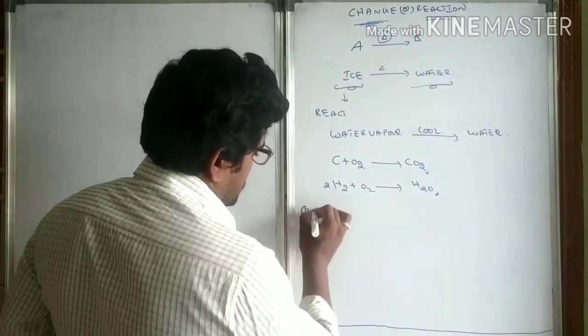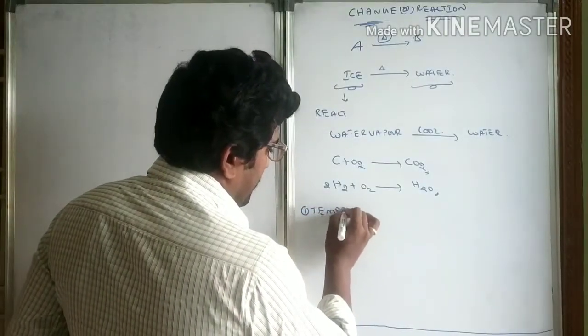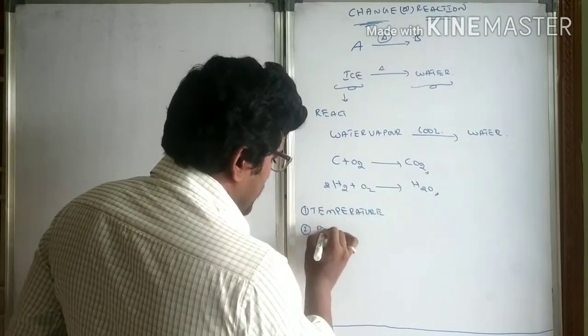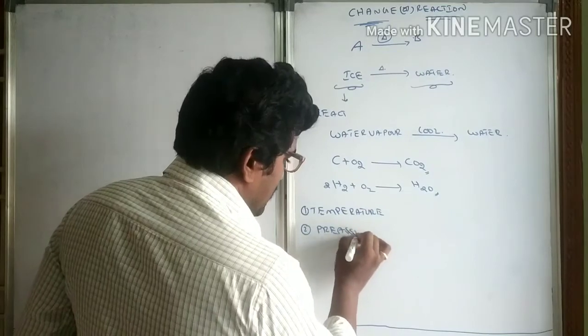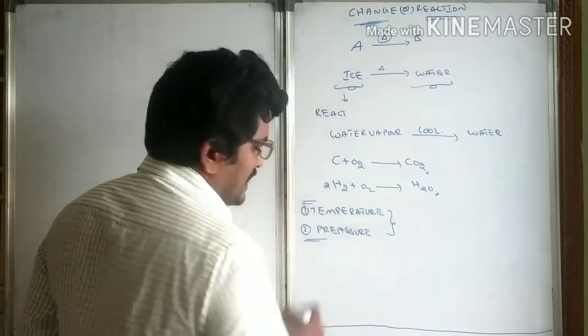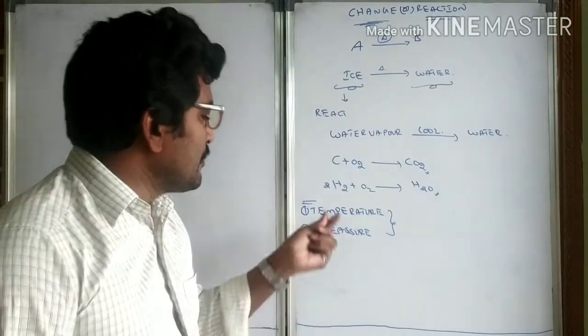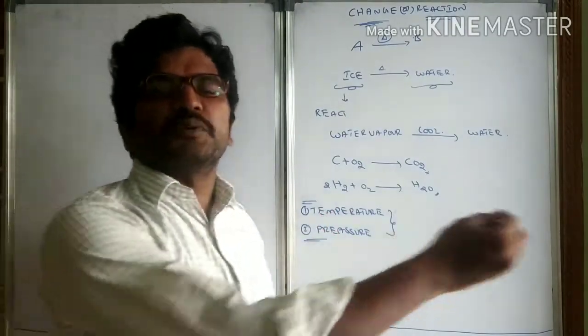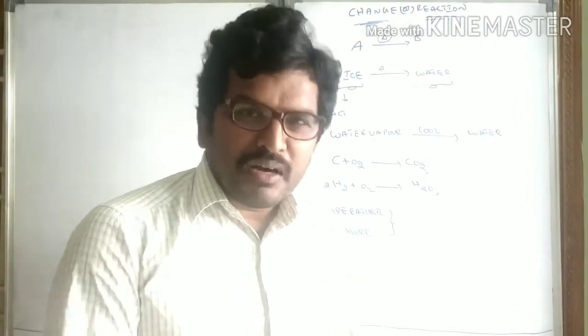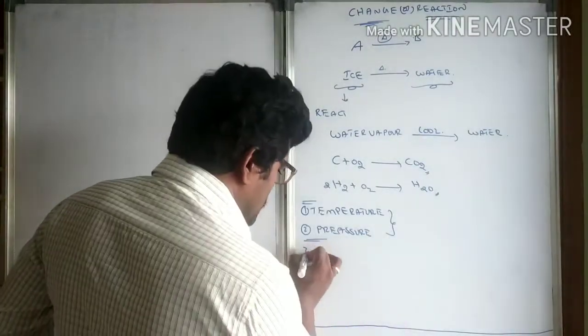Majorly the change depends on two factors, that is temperature and pressure. Any change will mostly depend on temperature and pressure. It depends on some other minute factors also, but we will not study much about them. Or it can be done by mixing also.